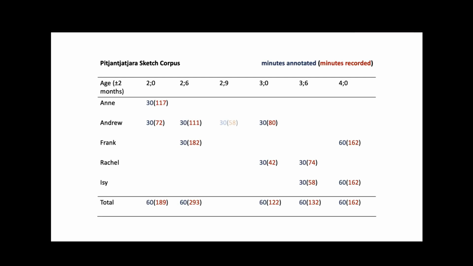So we have data from Andrew at 2 and at 2.6. And for the jump from 2.6 to 3, we've got data again from Andrew. From 3 to 3.6, we've got data from Rachel, and so on. So for each time point, we've got one child which we can compare within that child across that time point.